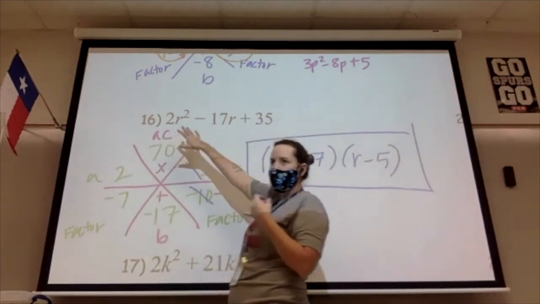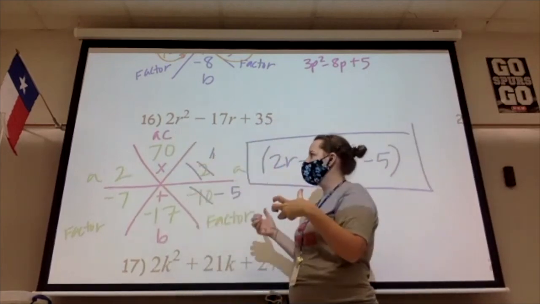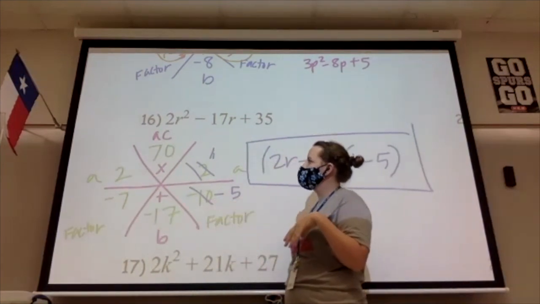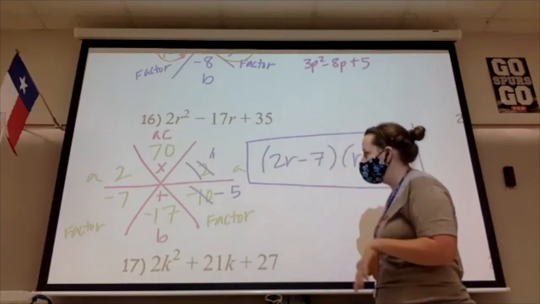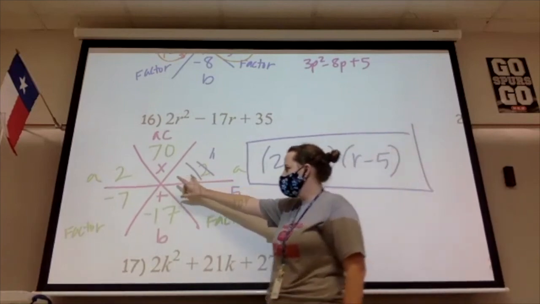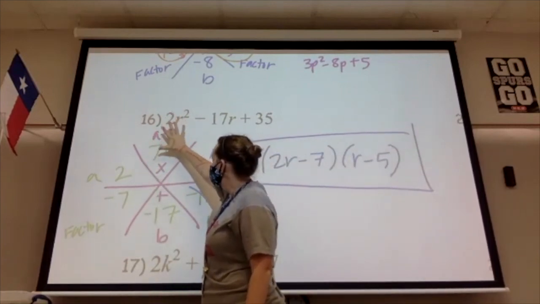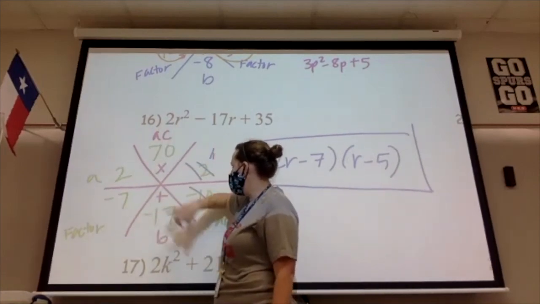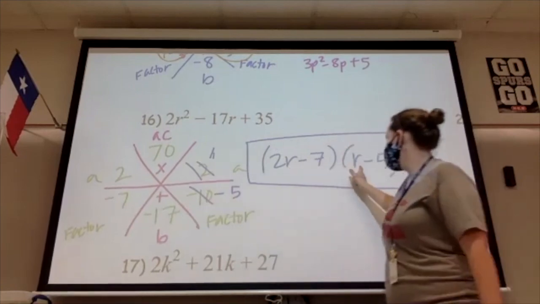We talked about where we had to factor out the GCF first and then had a leading coefficient of 1. And then finally, we found some that were in the difficult category where we had to factor using a leading coefficient that's not 1, where we had our AC value and our B value and had to reduce down to find these two pieces.